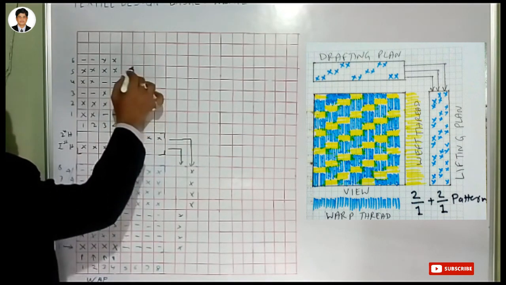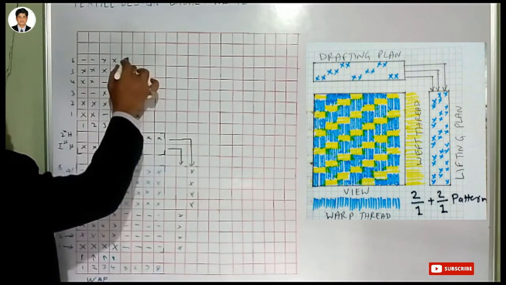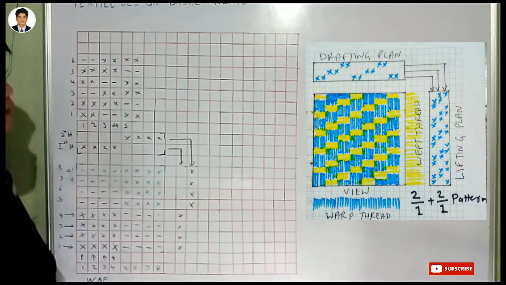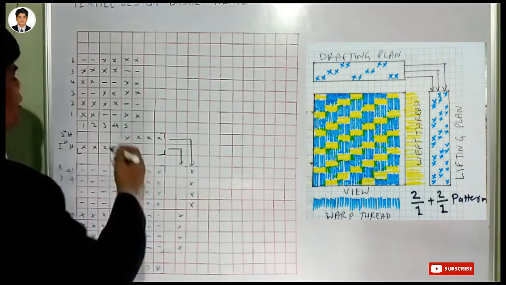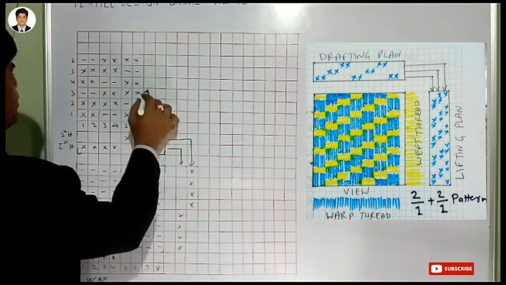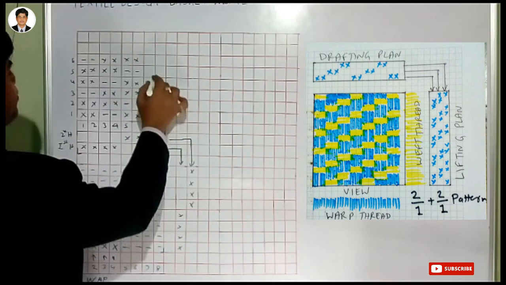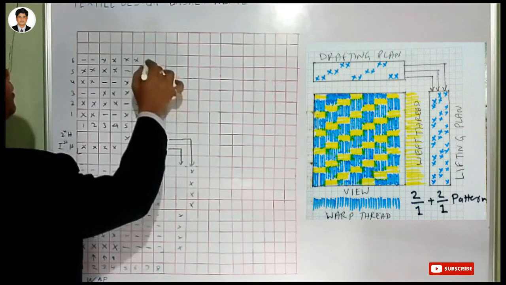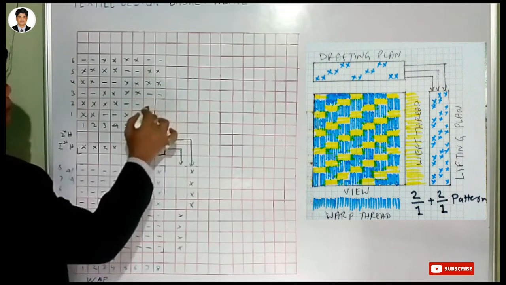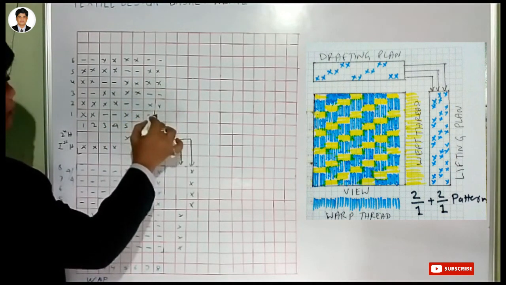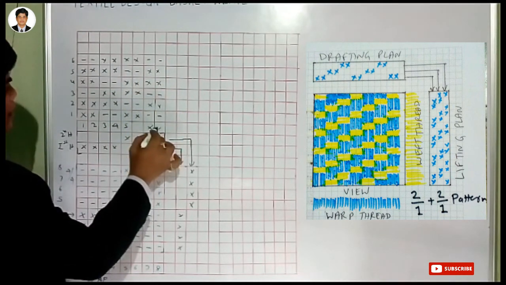This is how the modifications in the basket weave are made. These are opportunities for textile designers to create something from the available options.